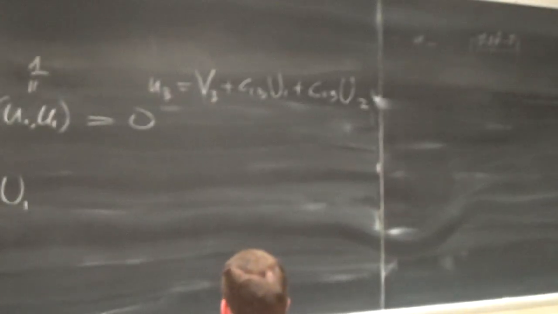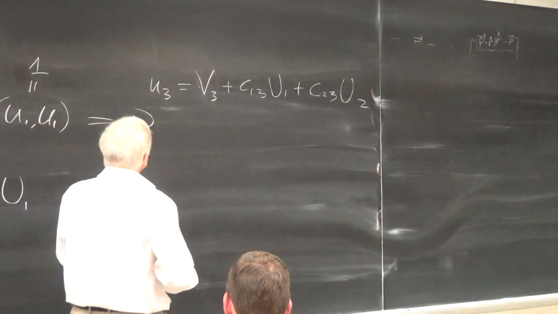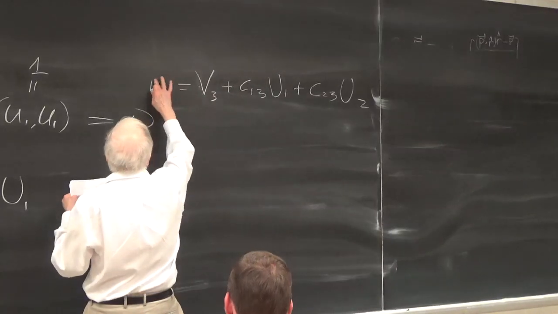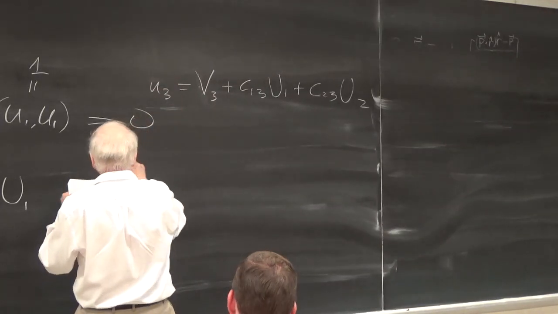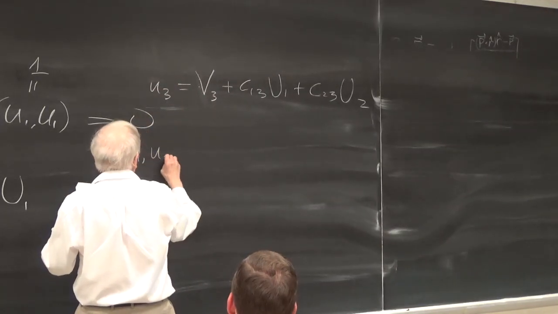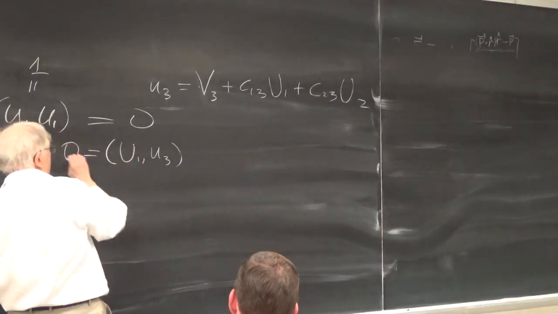Now we want little u3 to be orthogonal to U1. We want this to be 0.